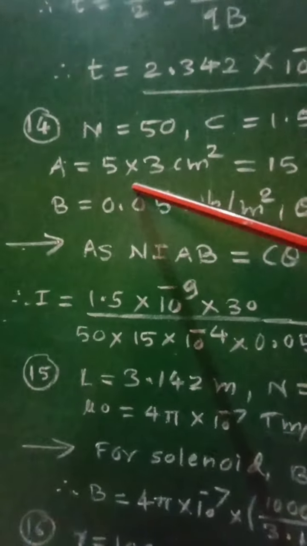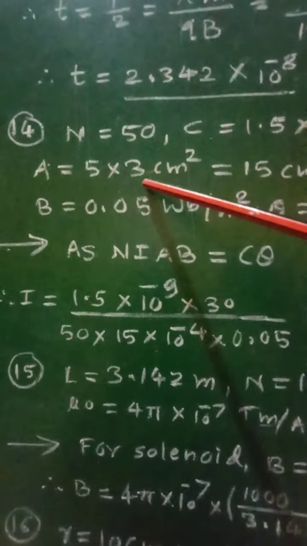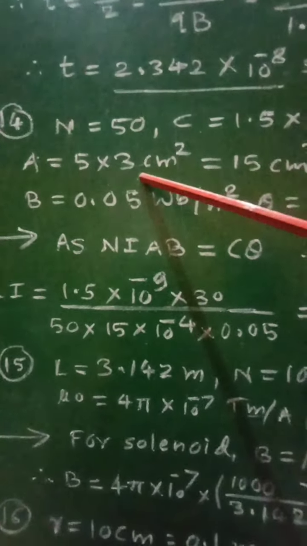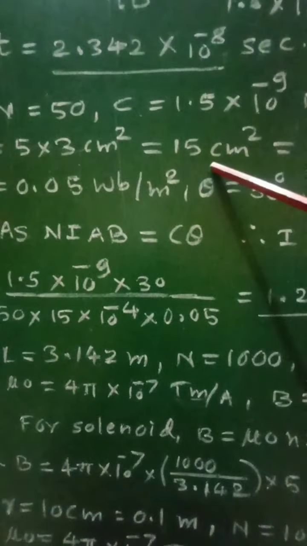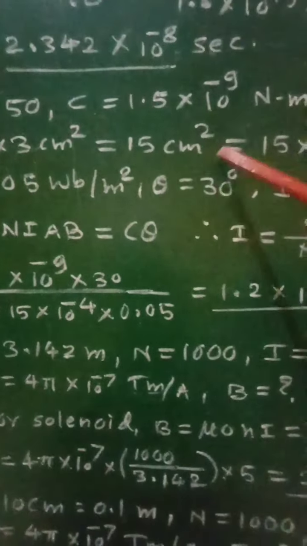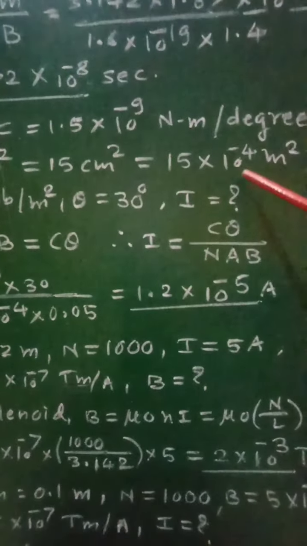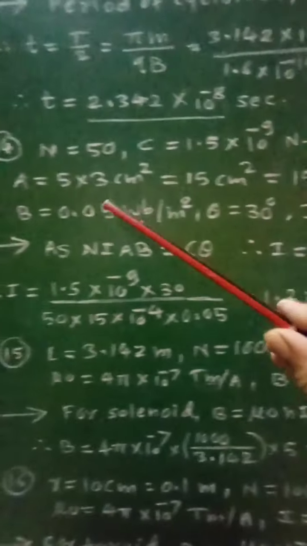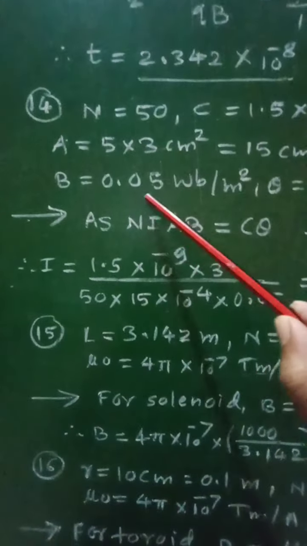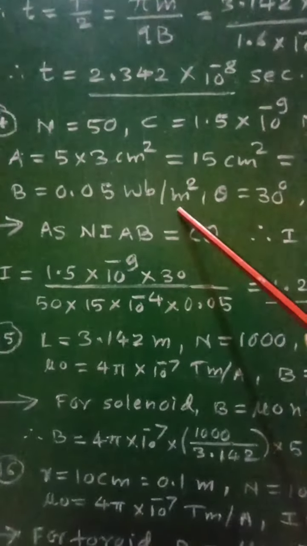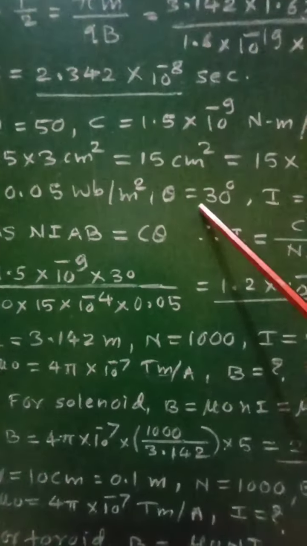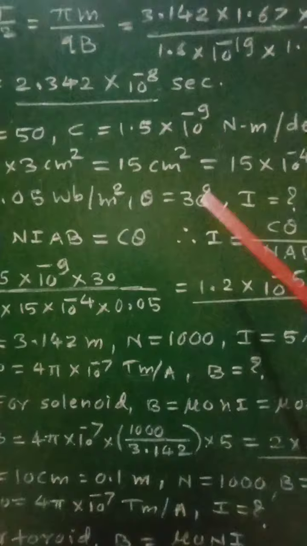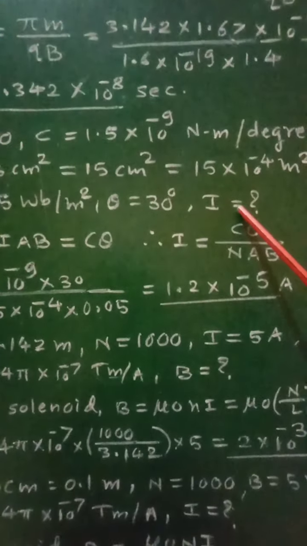Then area of the coil is 5 cm by 3 cm, that is 15 centimeter square, which will be written as 15 into 10 raised to minus 4 meter square. Then magnetic field B equal to 0.05 Weber per meter square and theta is equal to 30 degree. We have to find out current I.